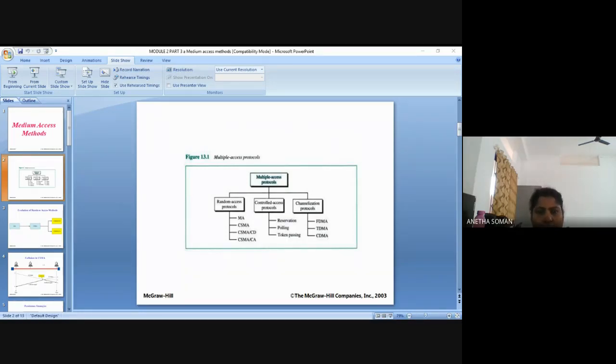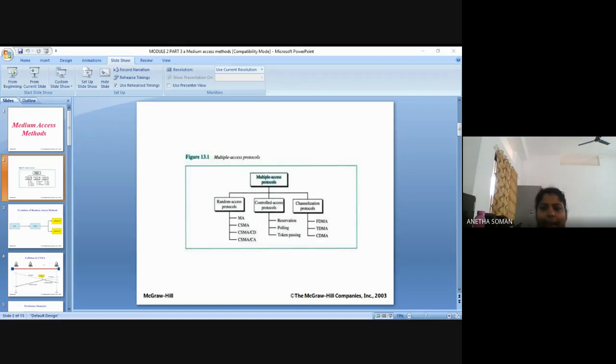Whichever data a station wants to transmit, it will transmit in a random manner, but before transmitting, it will follow some procedure. Also, all the stations connected on the link will compete with each other to access the medium, so it is also called the contention method.